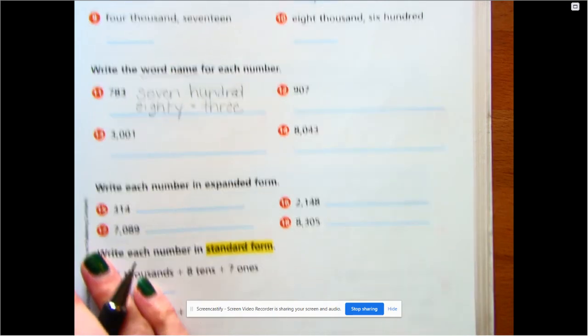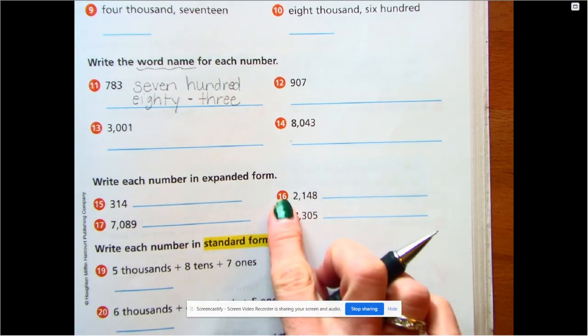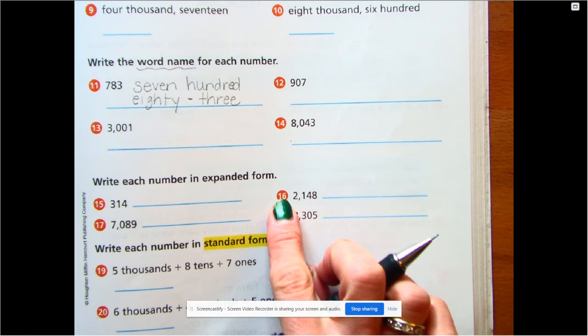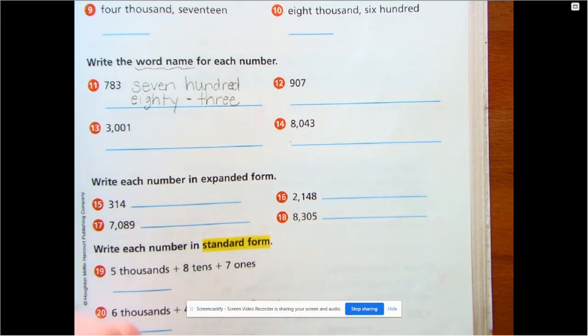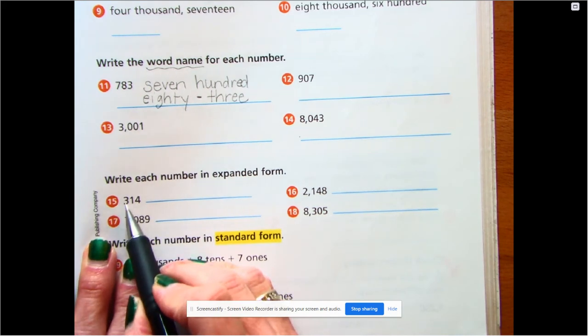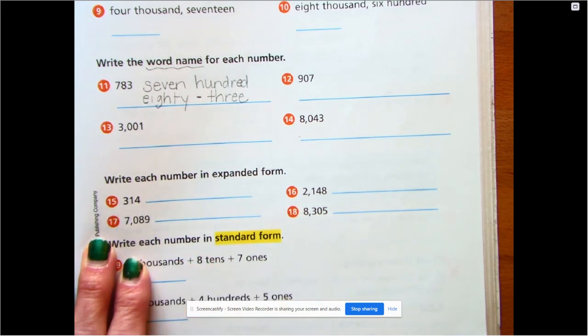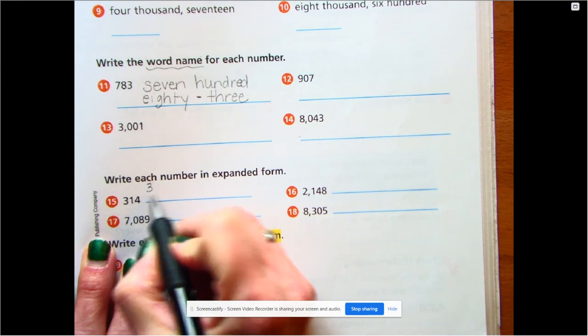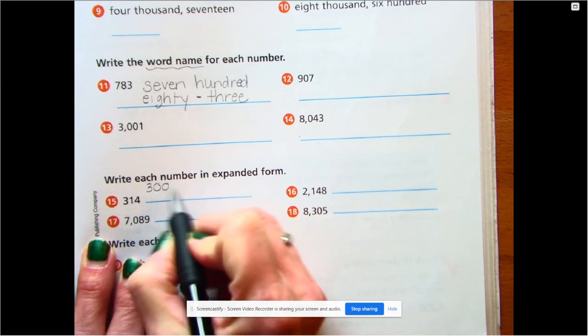Now we're going to pop down here and write some of these in expanded form. And remember yesterday or the day before we had homework where I showed you can write it 2 different ways for expanded form. So let's look at number 15. We're just going to do one of them today. 314. So I can stretch it out and say there are 3 hundreds.